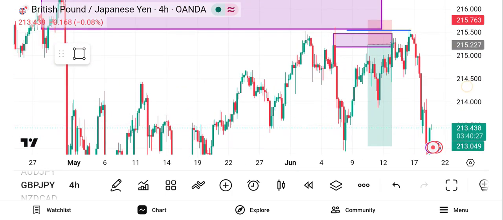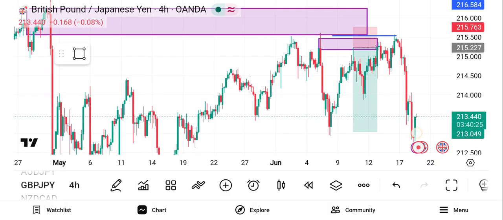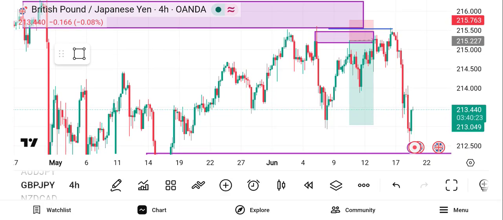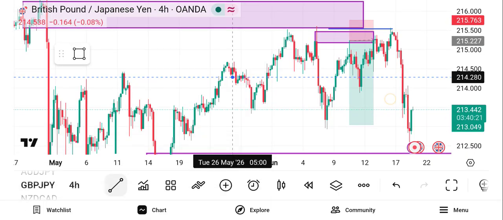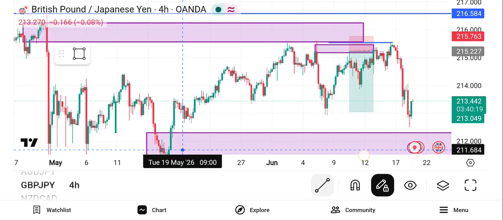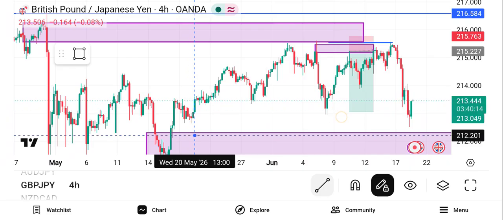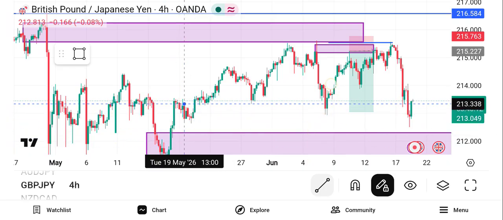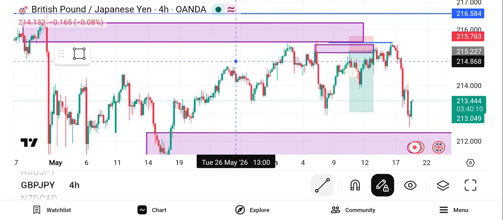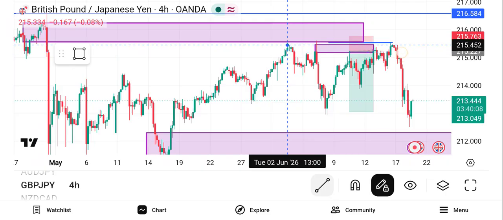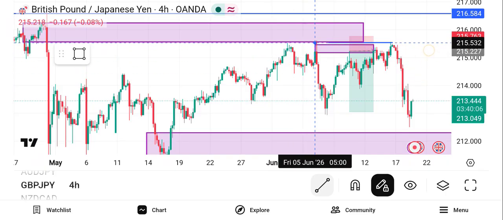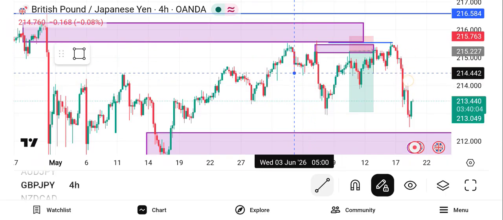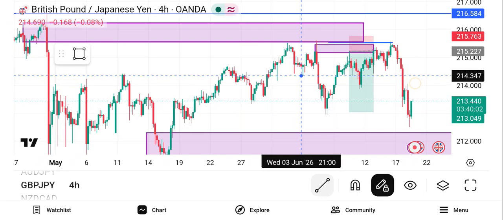Before the market touched that zone, it was creating a series of higher lows, higher highs, higher lows, higher highs, higher lows, and then higher highs. So when the market takes this last zone here, this is the last low.